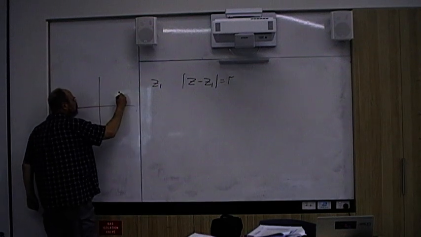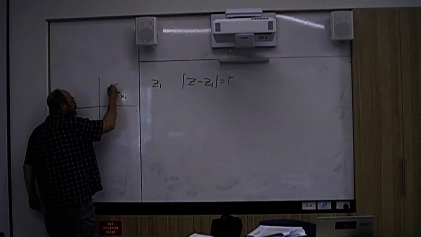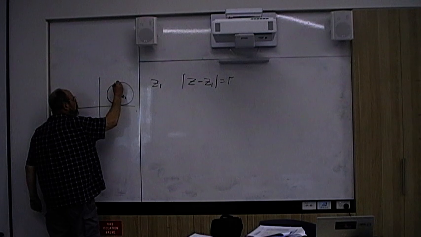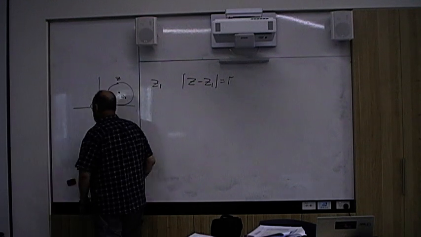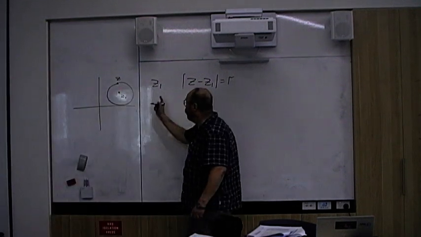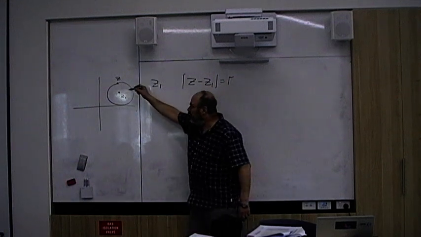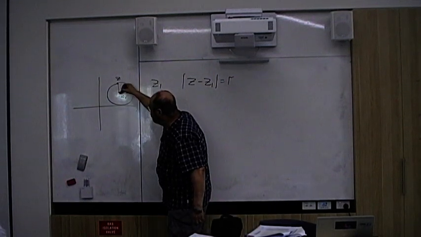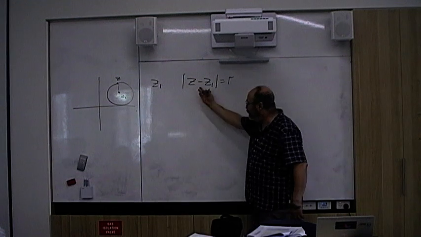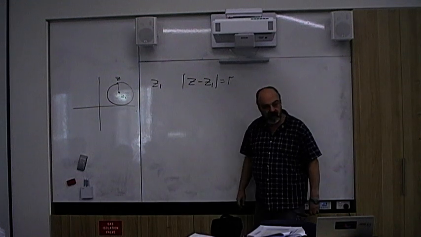Z1 is the center, and Z is any point on the circle, Z equals x plus iy. They all have distance, the modulus of this difference, equal to R.